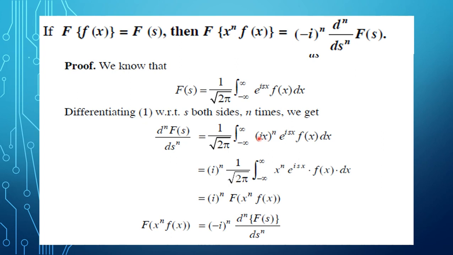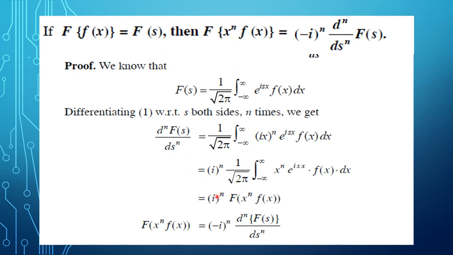Now taking i to the power n outside, that is i to the power n into 1 by root 2 pi integral from minus infinity to plus infinity of x to the power n e to the power i s x f(x) dx, and this is the Fourier transform of the function x to the power n into f(x).